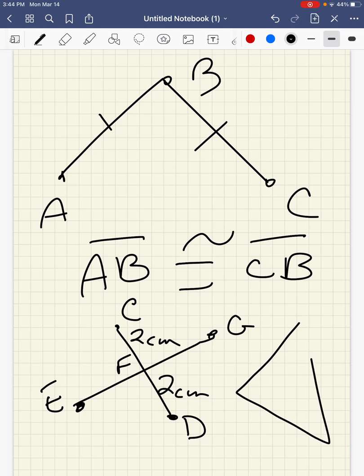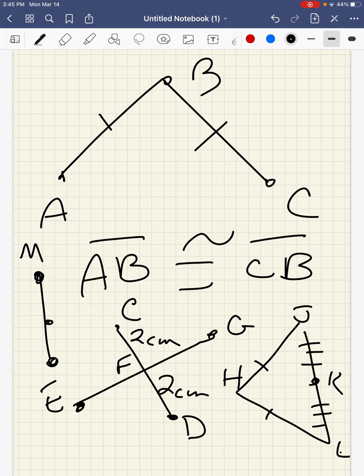And then we have this triangle, and this has one tick mark, H, J, K, L, and then these have 3 tick marks. And then it asks us questions. Oh, and then we have this segment with no markings on it at all. It looks like N is the midpoint of MP, but there's nothing there to indicate that. So we can never make assumptions in geometry without them giving us enough information to know that they're accurate.